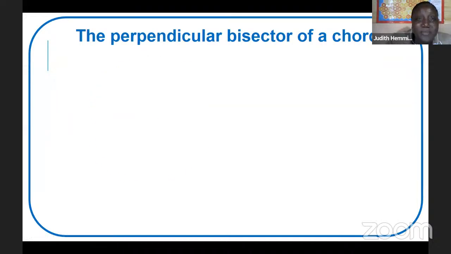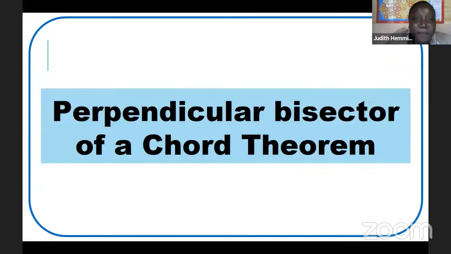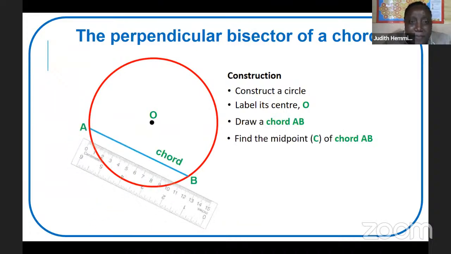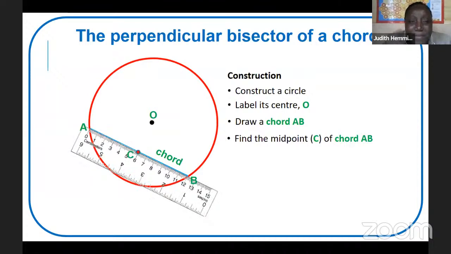So we are going to be looking at another theorem, and this one is called the perpendicular bisector of a chord. Again, we're going to start with the construction of our circle. We're going to label it center O. We're going to draw a chord called AB, and then find the midpoint of that chord.